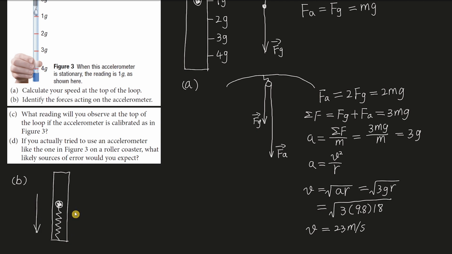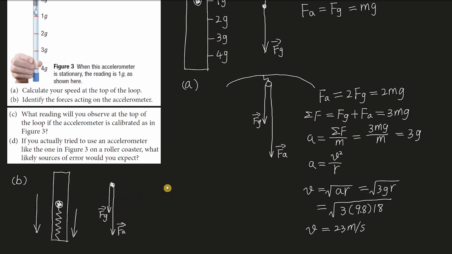So this end of the accelerometer should also point down. So the forces on the whole accelerometer should be, so this is the whole accelerometer. There should be two forces on the accelerometer. One is the gravity on it. Another one is the pulling force of the person on it, because the person holds the accelerometer.